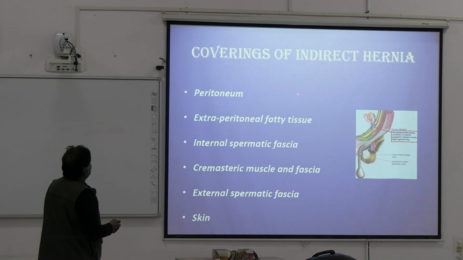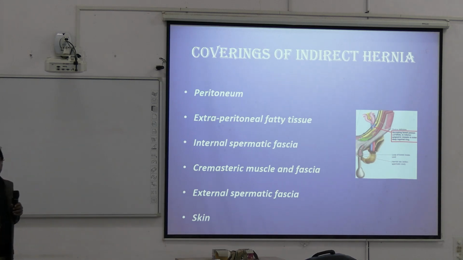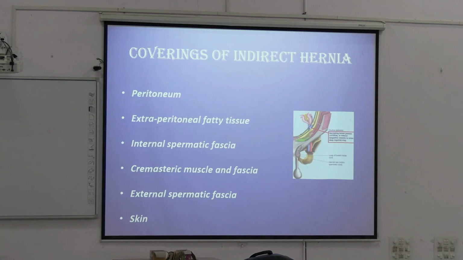Now, coverings of the indirect hernia: peritoneum, extraperitoneal fat and tissue, internal spermatic fascia, cremasteric muscle and fascia, external spermatic fascia and skin. Now, these are the coverings of the indirect inguinal hernia. So you don't cut the sac, you just dissect.